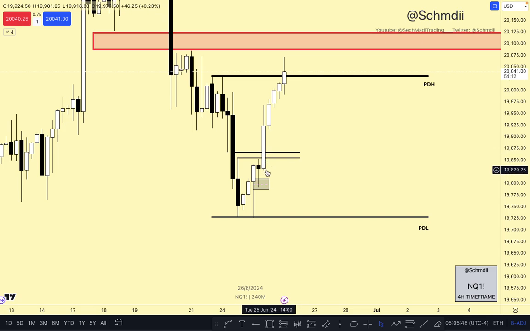By invert, I mean price goes through and closes above it, and then I look for an opportunity to go long, waiting for price to tap in here so I can buy, and take profits ultimately at this double top, which also lines up with the previous day's high.